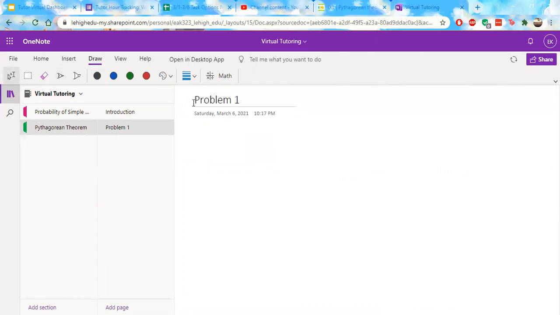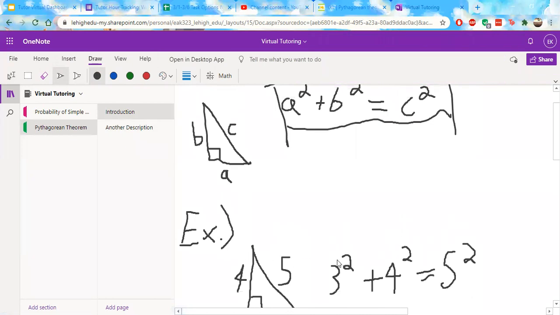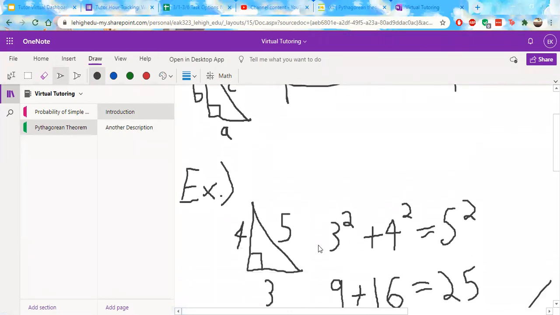All right. So I've already showed you guys the a squared plus b squared equals c squared, and I've just showed you through examples why these numbers work out.